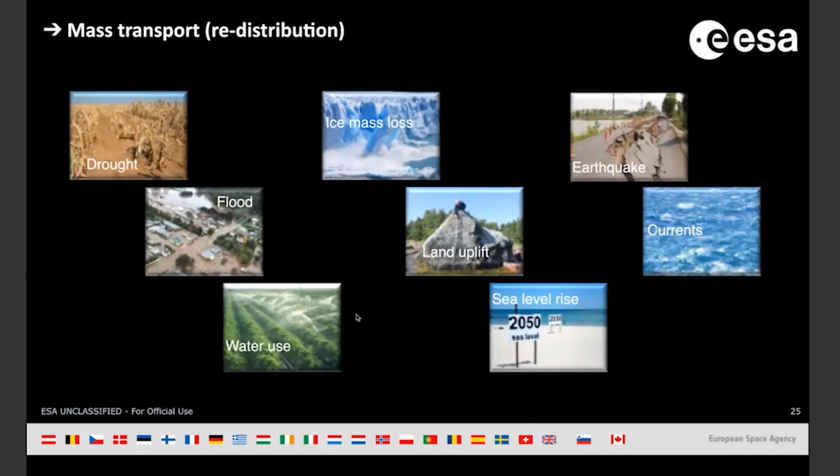So again, if you have a super precise gravity meter, or a scale, if you will, that you can fly in space, you will be able to monitor these things, and it is one of the most important climate observations that can be done, because we all know that water is the most valuable resource that we have.